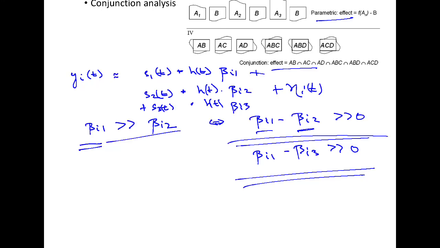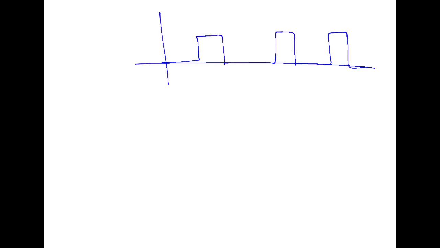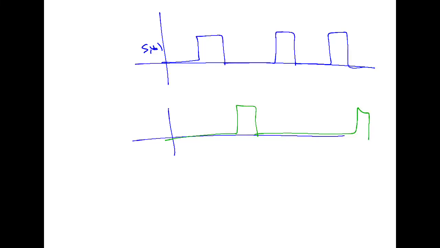Okay. So let's look at this, right? So this is your S1(t). Right? And let's say this is your S2(t). So I convolve with the hemodynamic response function, I'll get a response of something like this, right?